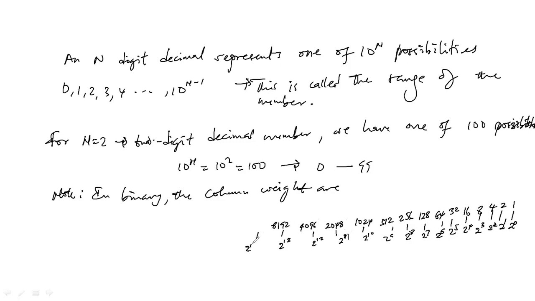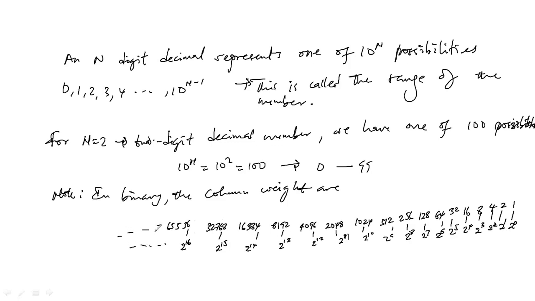Then 2 to the power of 14 is 16384. And 2 to the power of 15 is 32768. And 2 to the power of 16 is 65536. Right?